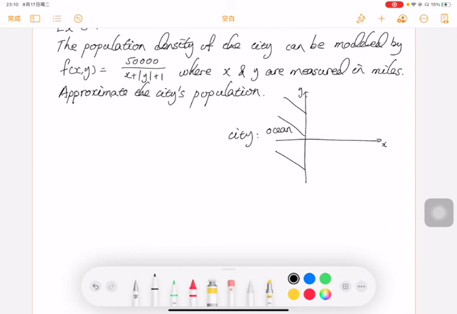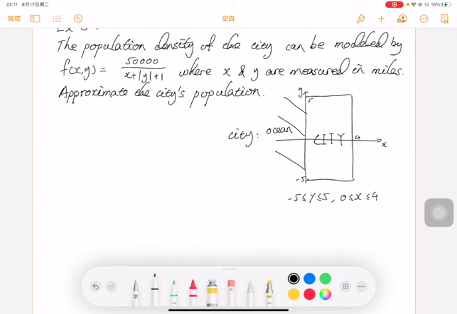All right, and this is 5, this is minus 5, and this is 4. And this is the city. So the city is described by minus 5 smaller than or equal to y smaller than or equal to 5, and of course 0 smaller than or equal to x smaller than or equal to 4.